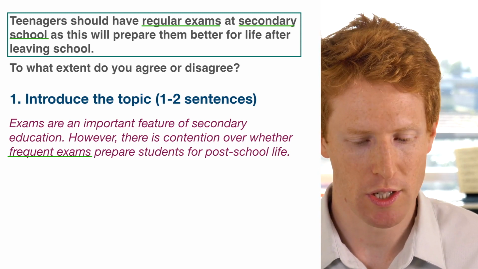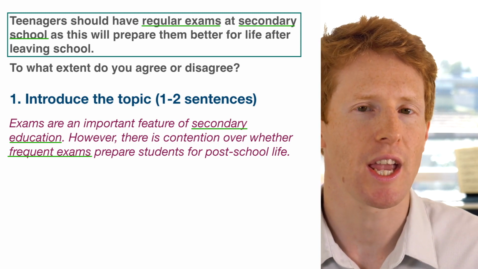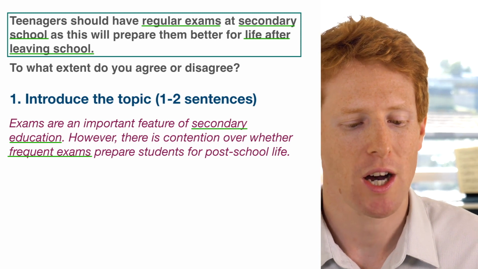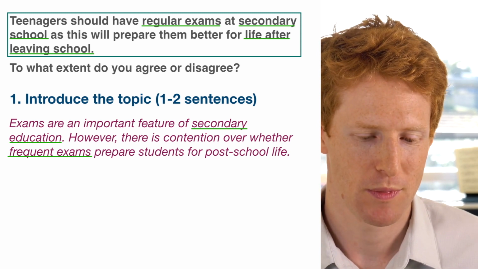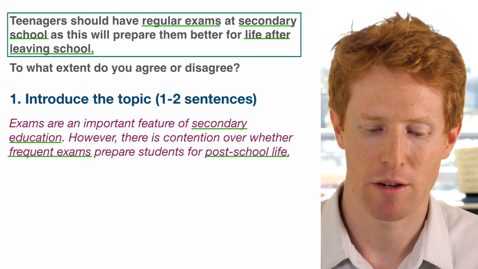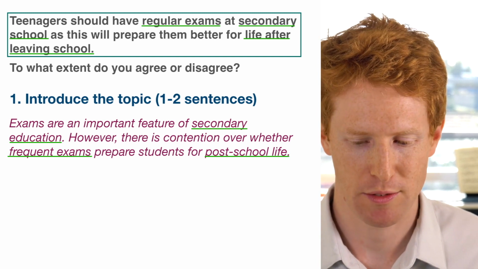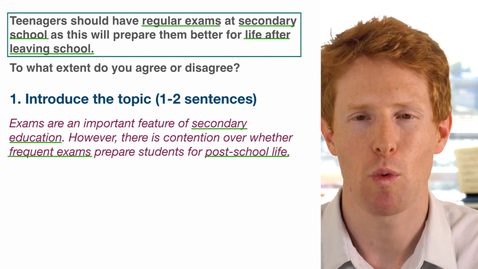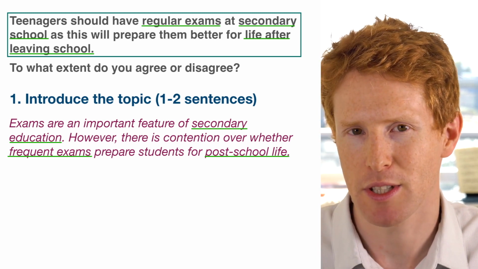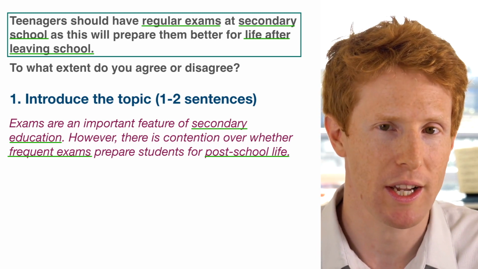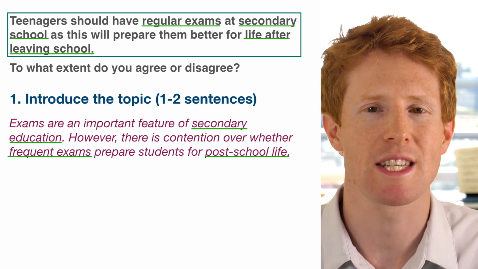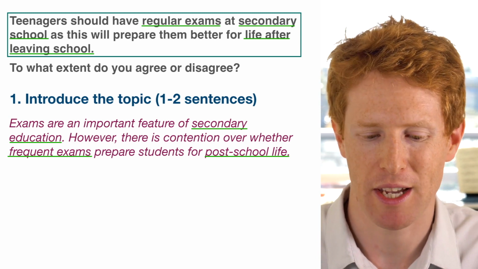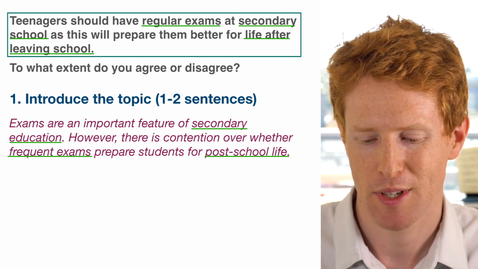In our introduction, we have secondary education, so a slight change. We have life after leaving school. In our introduction, we have post-school life. So the idea is when we're introducing the topic, we're paraphrasing the statement, we're paraphrasing the rubric, and we're trying to use synonyms instead of using the same words that appear in the statement.